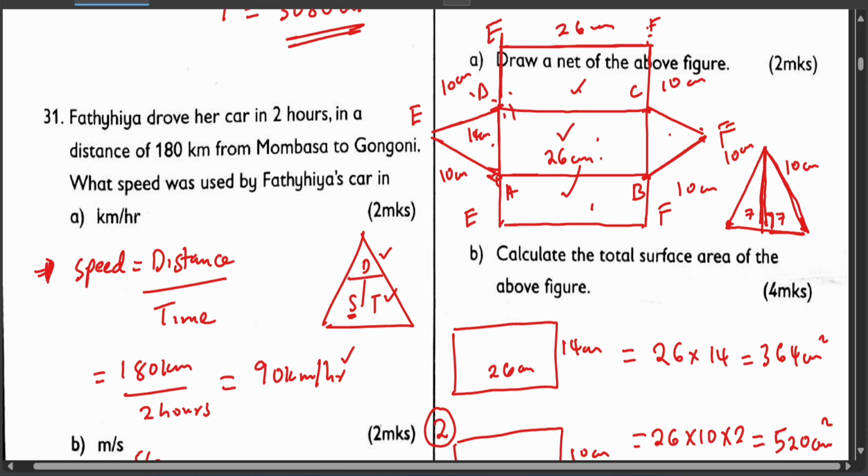For you to get your height, you take c squared minus a squared or b squared, and then you find the square root. So you take 10 squared minus 7 squared, then square root, and it gives you the height itself. So 10 squared minus 7 squared, the answer is 7.14 centimeters.